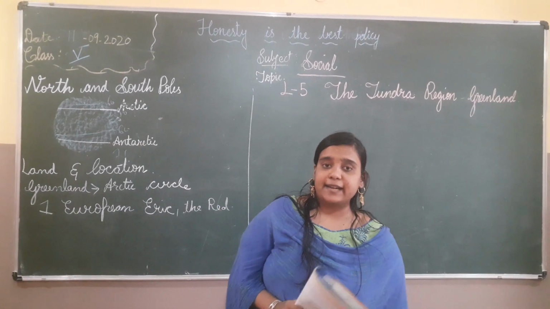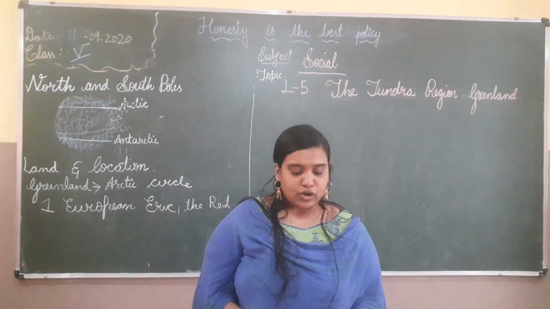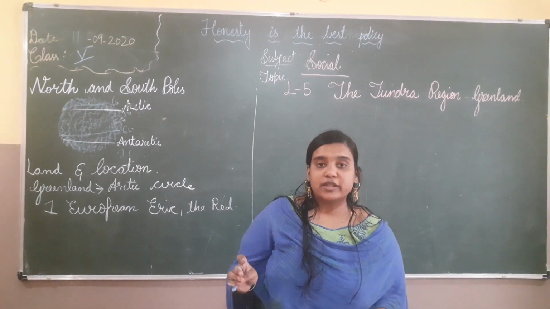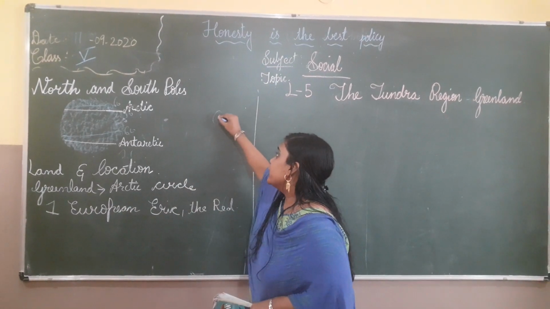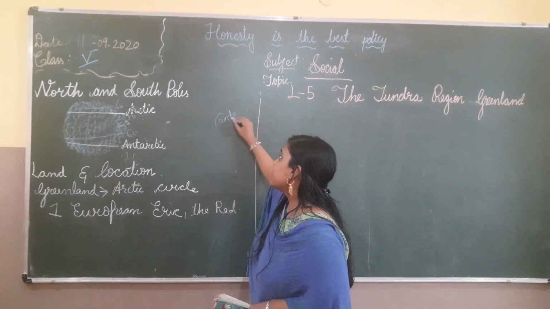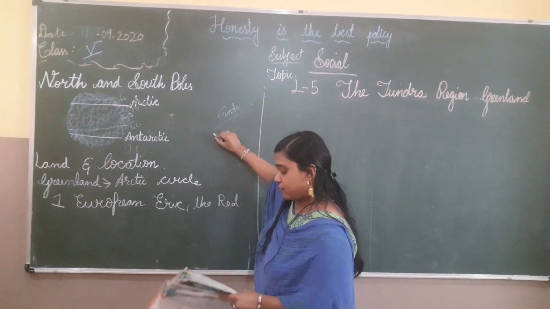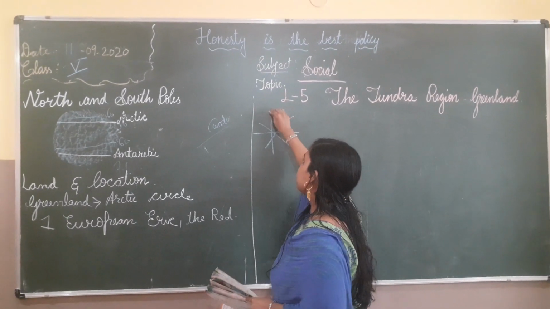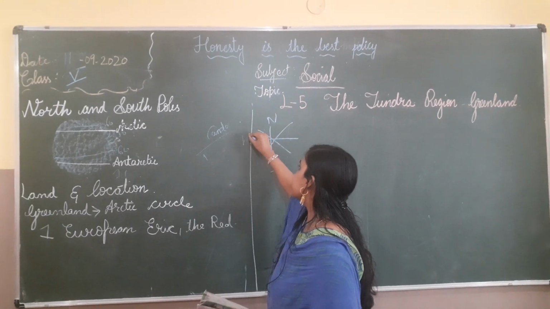Where does Greenland lie? Greenland lies near the northeast of Canada. Canada is a country. We have four main directions: north, south, west, east.